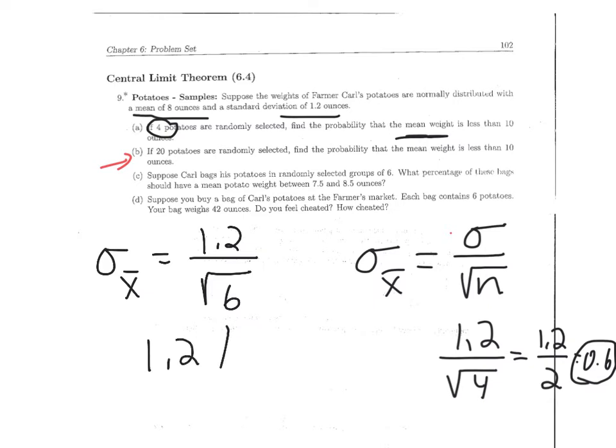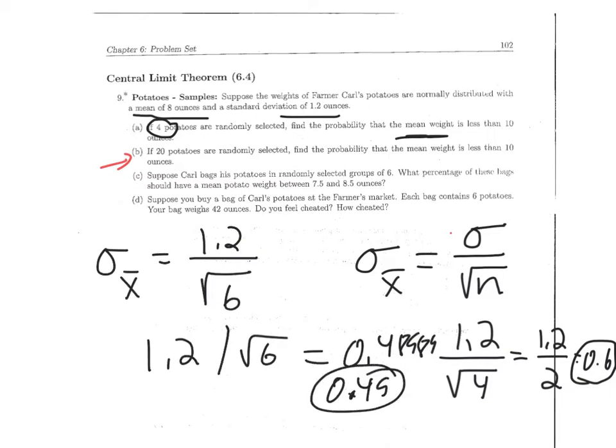I went 1.2 divided by the square root of 6, and it gave me 0.48989, and so on. So I rounded to 0.49, I believe. Okay, so average of 8, new standard deviation of 0.49.